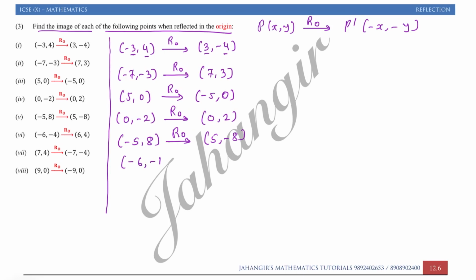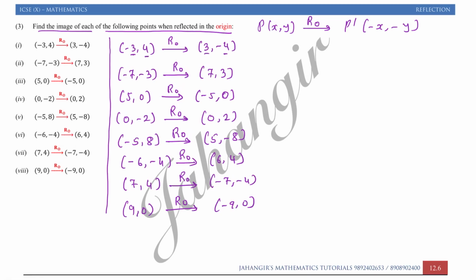(Minus 6, minus 4) gives you (6, 4). (7, 4) will give you (minus 7, minus 4). You have to just change the sign of both coordinates. And (9, 0) on reflection in the origin will give you (minus 9, 0).